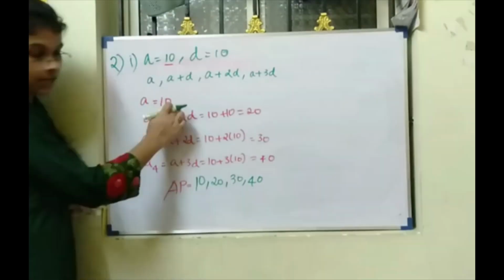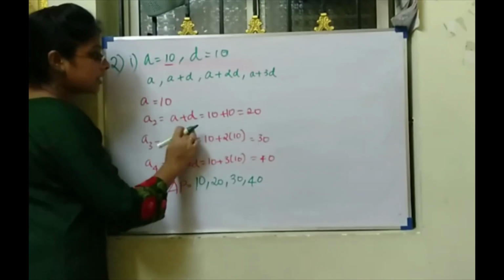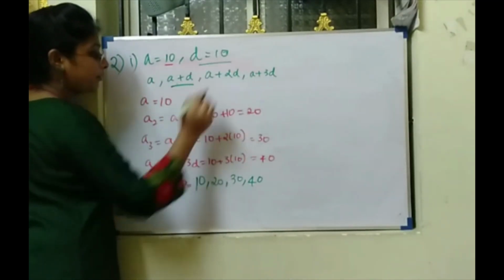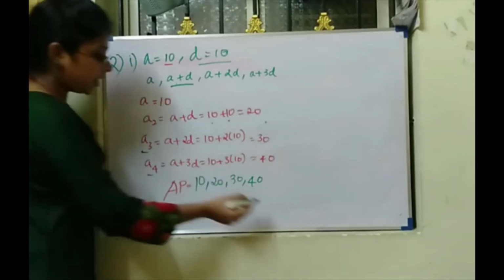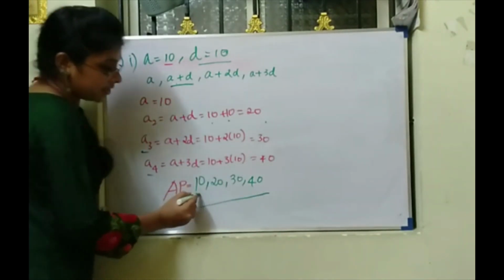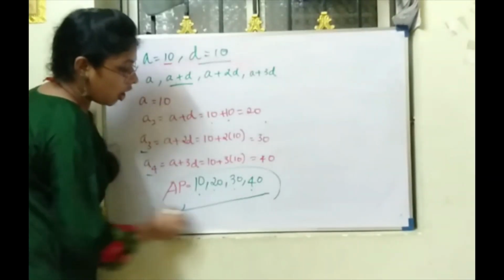Here the first term is 10, that is given. A2 is A plus D, that is A plus the common difference. So 10 plus 10 will be 20, and similarly for A3 and A4, and we get the sequence as 10, 20, 30 and 40. So this will be your AP.